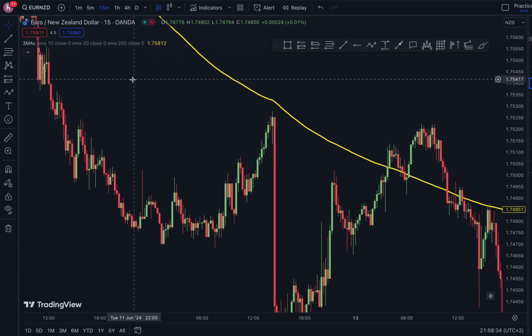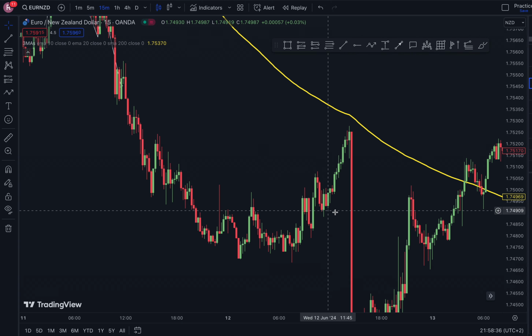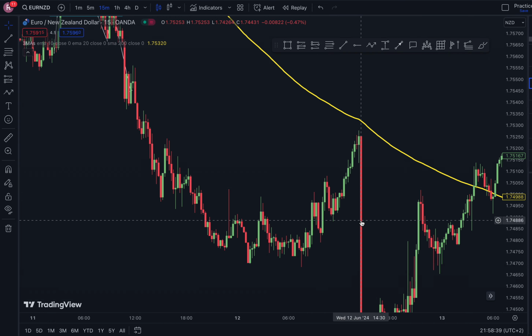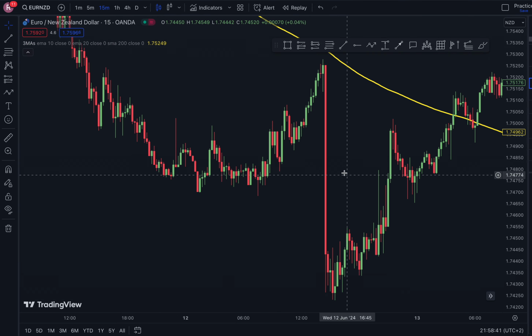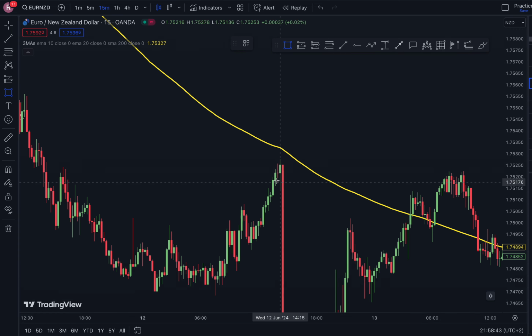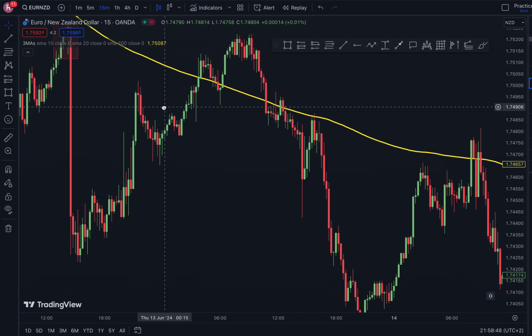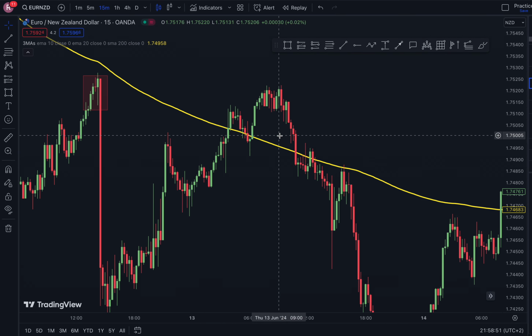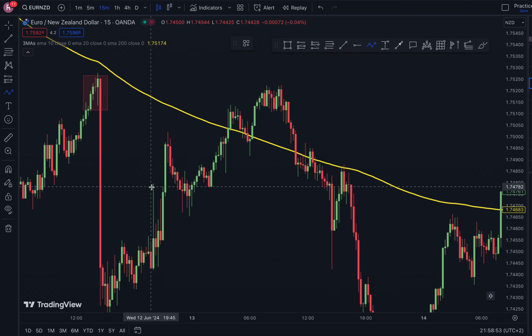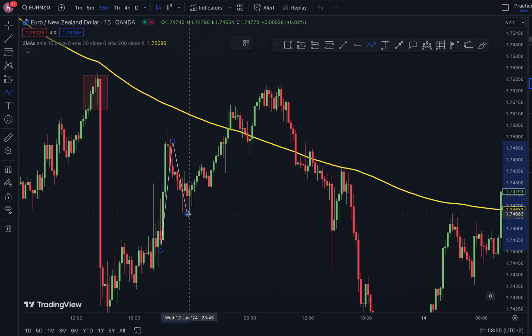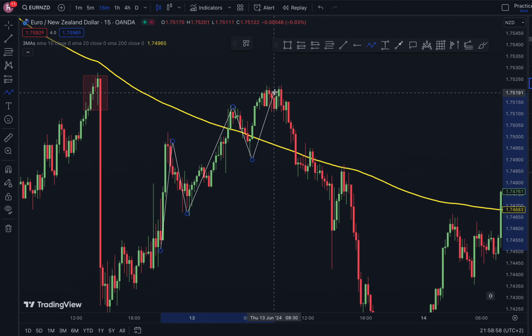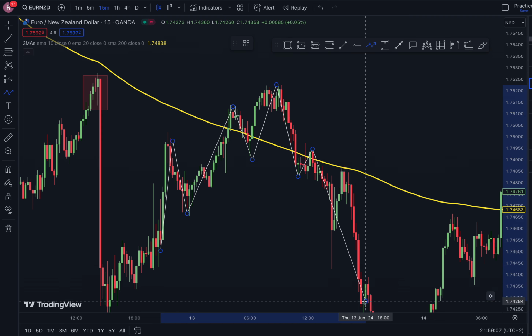Let's go further down. We only trade this with pullbacks, so when price pulls back. I'm going to show you another example. This example is quite aggressive, so we won't really look at that. Let me show what price did. Price goes up, down, up, closes below this low over here, goes up a little bit and drops.